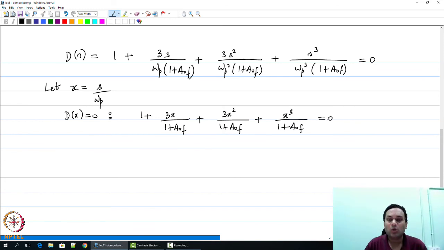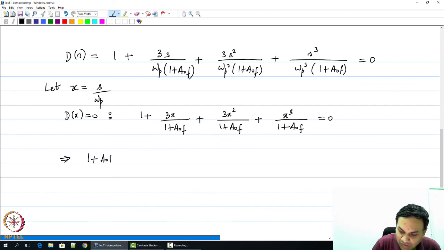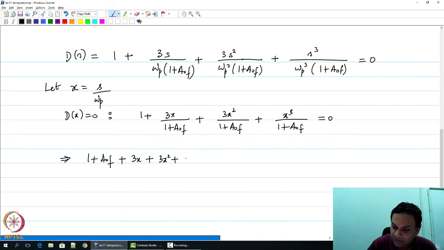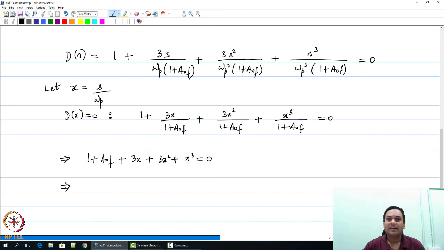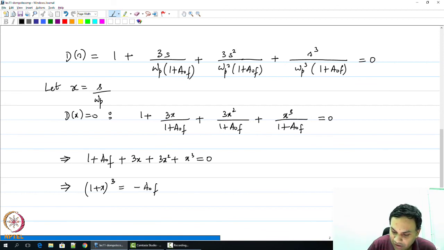And now I can multiply throughout by 1 plus A naught f. So 1 plus A naught f plus 3x plus 3x squared plus x cubed is equal to 0. This again can be written in this form: 1 plus x the whole cubed is equal to minus A naught f.